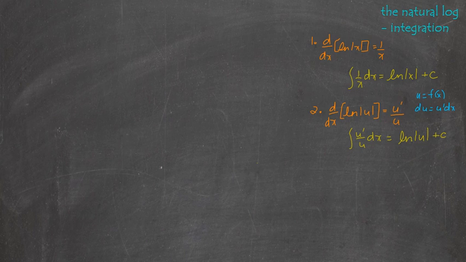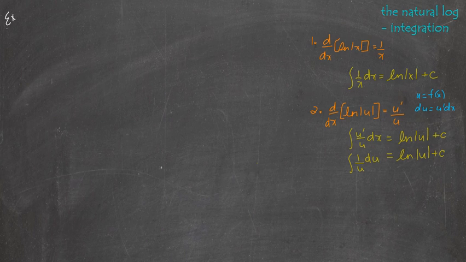So another way I could write this initial condition for the antiderivative is the antiderivative of 1 over u du. And that equals the natural log of absolute u plus c. No difference between the outcome, just the original expression may be written in one of two different ways. So these are the two rules for integrating the natural log. Just like differentiating, I think we just need to do a bunch of examples.